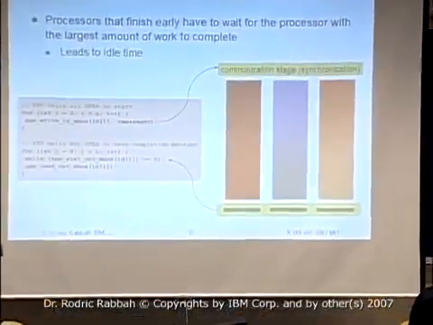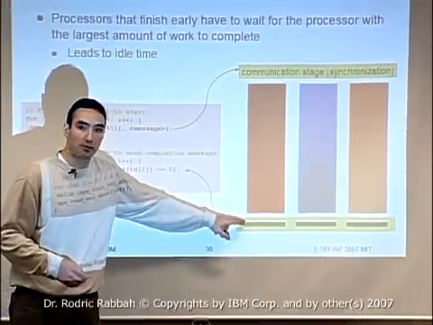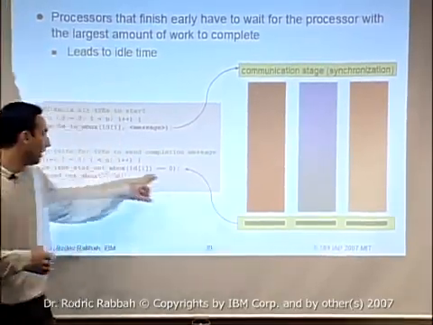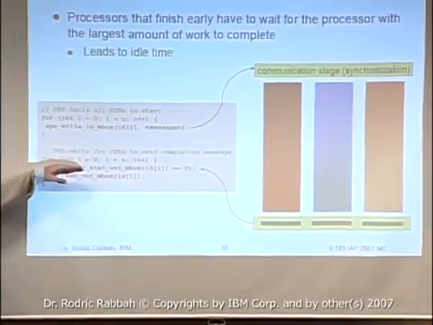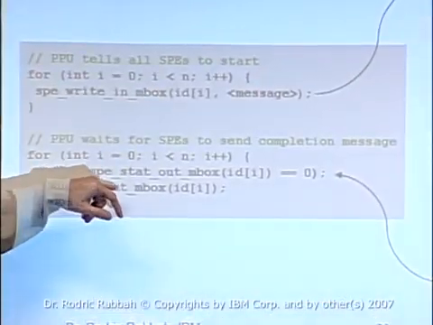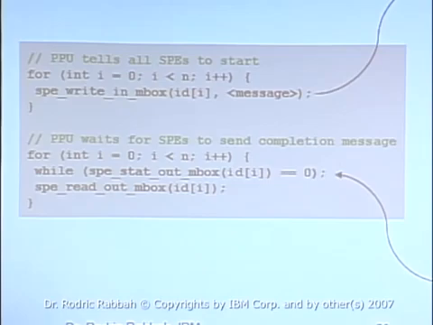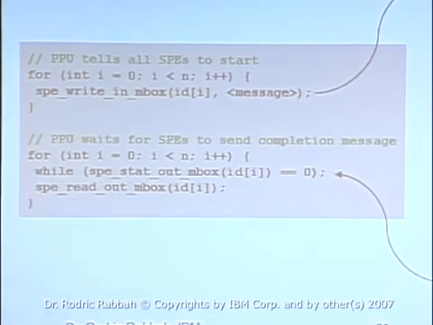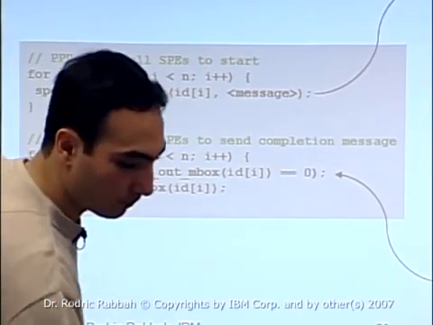But nobody could have made progress until everybody's reached the synchronization point, because there's a strict dependence being enforced here that says, I'm going to wait until everybody's told me they're done before I go on to the next step of computation. In Cell, you do that using mailboxes in this case. Is that clear so far?